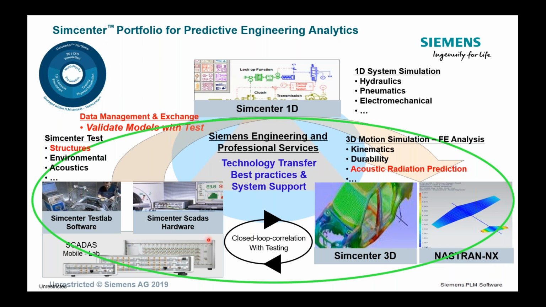What we also allow is some synergy between these two different worlds, and that is the correlation of a structural model through tests. So we want to validate the computer models, or what we call digital twin, and we validate these through testing. And we have structural correlation, and we can also do acoustic correlation too.